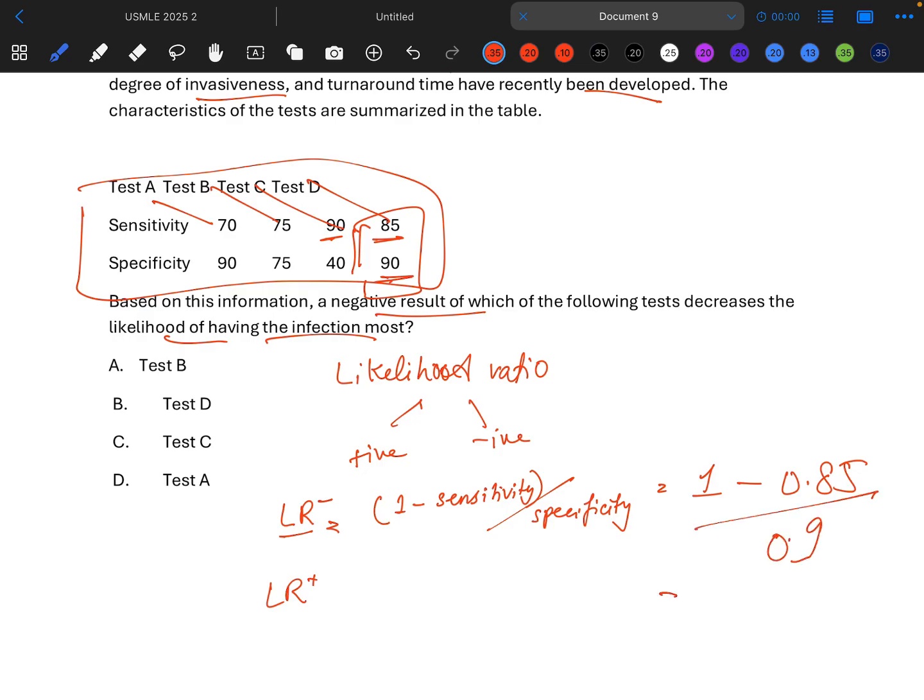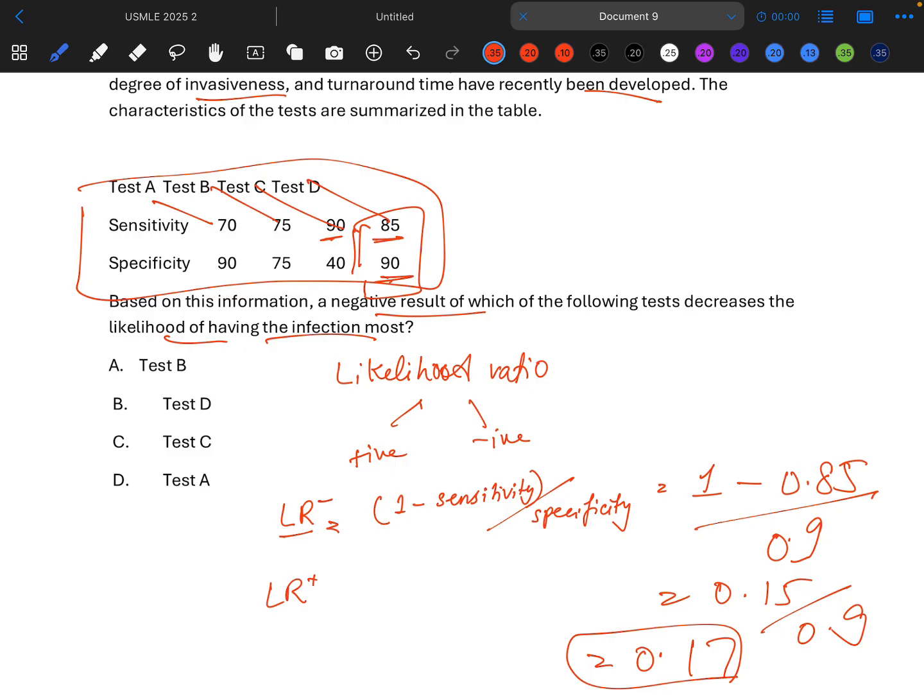So we go with this: 1 minus 0.85, and we divide by 0.9. When we make the calculation, it becomes 0.15 divided by 0.9, and the answer will be about 0.17.